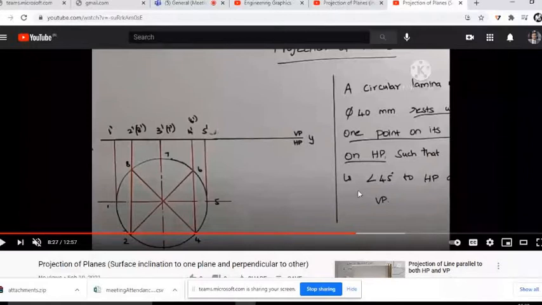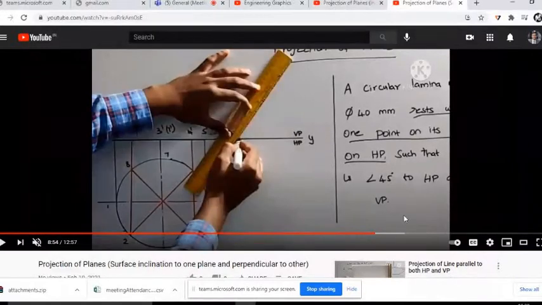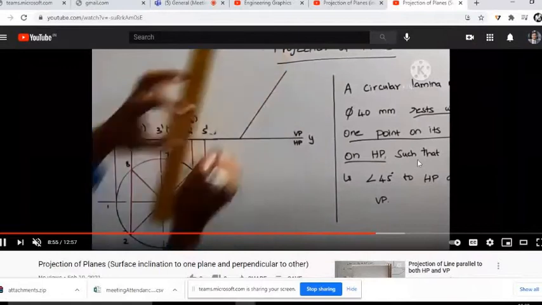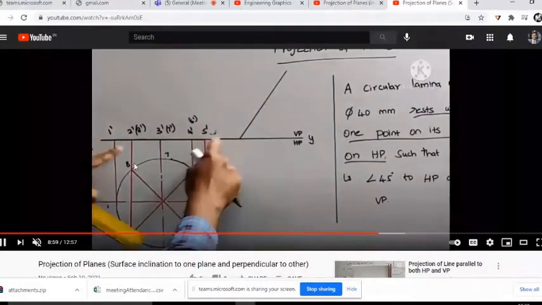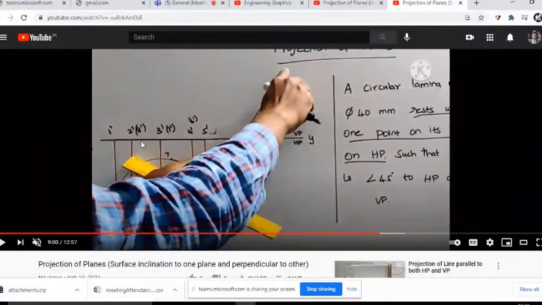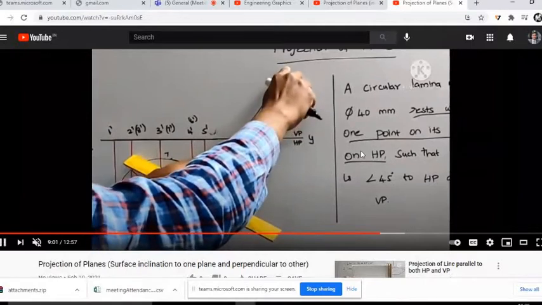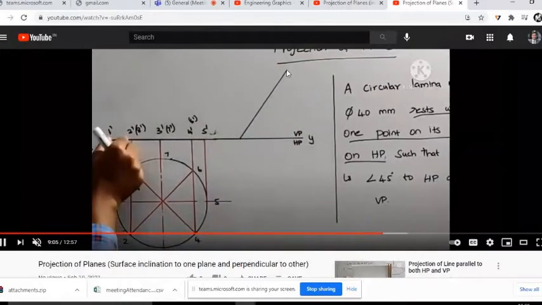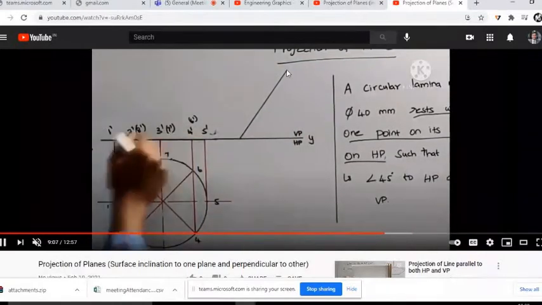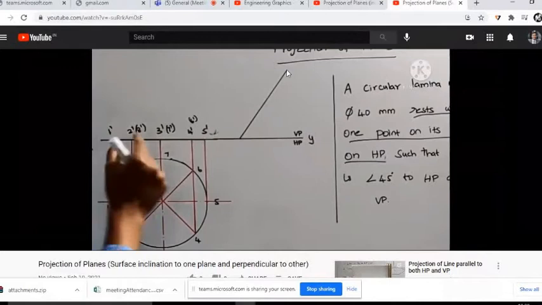You need to draw a 45-degree line because it is inclined at 45 degrees. After that, you need to measure the length of the front view in simple position, the distance between 1 dash and 5 dash, and transfer it with the help of a compass. Then you need to transfer all the points.